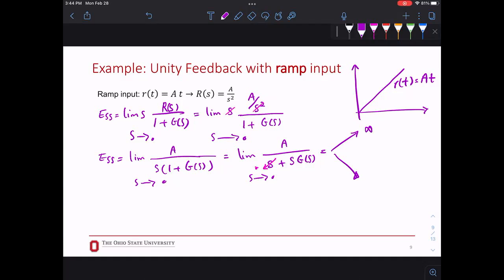Zero is also a constant value. We don't know which one until we know what the transfer function is, right? So going backward, when we know the transfer function, we know what the error would be if we had a ramp input. There are two cases. We can get infinite error.